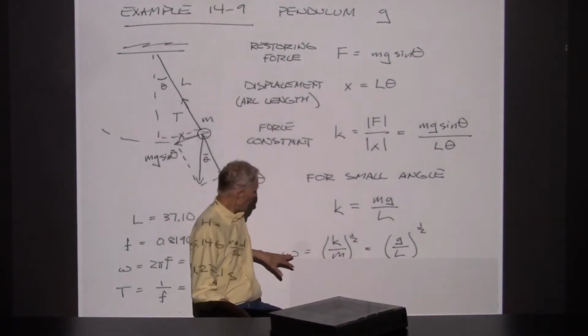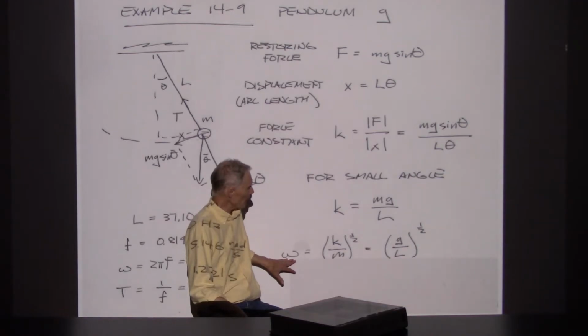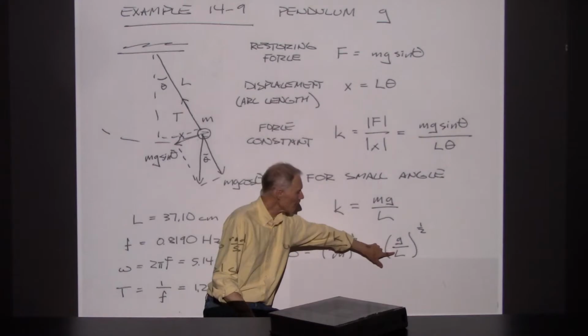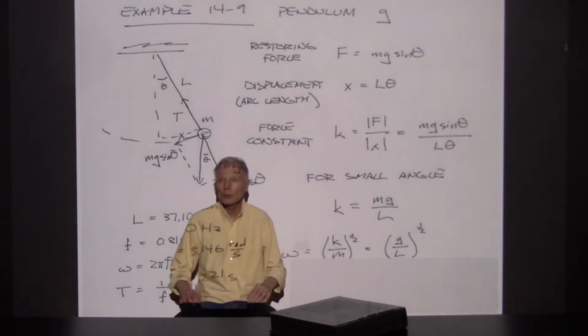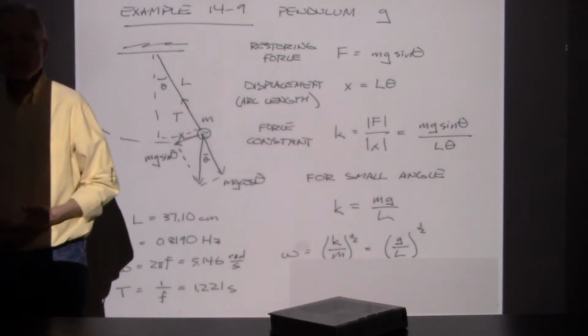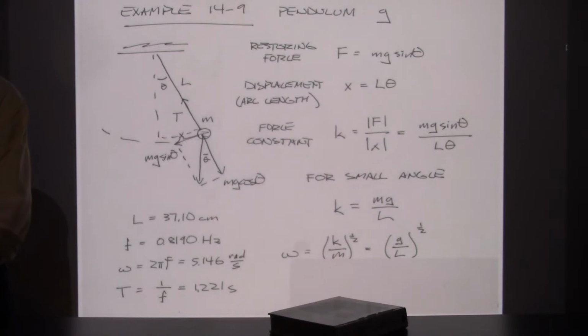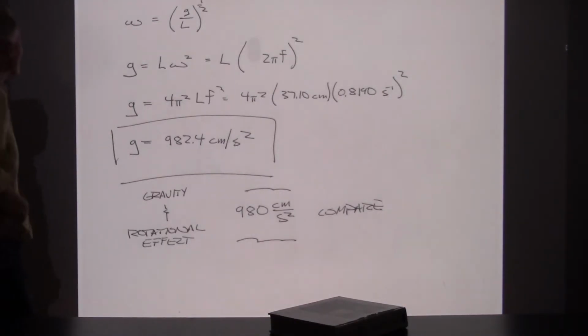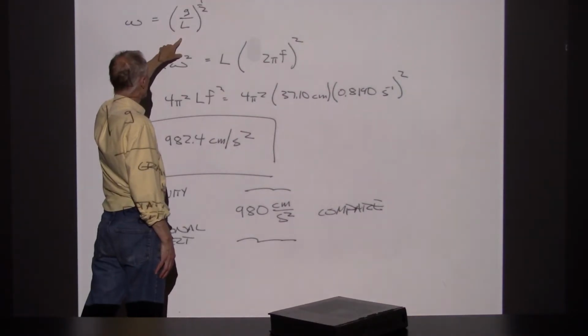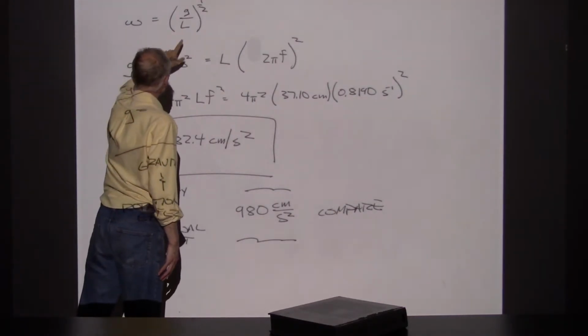And so the frequency of oscillation for a pendulum depends on the gravitational field and the length of the pendulum, and then we take a square root. But it ends up being independent, or at least we predict it's independent, of the mass. So omega is the square root of g over L. That means I can solve for g.